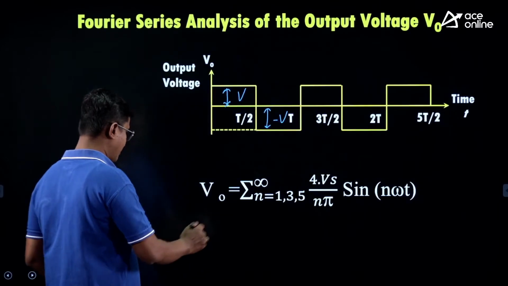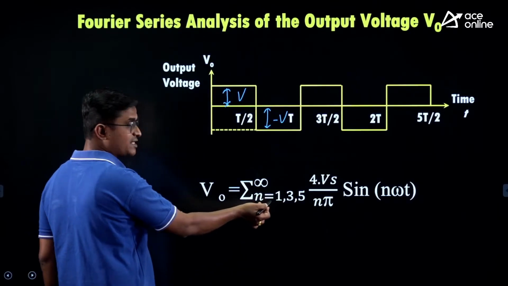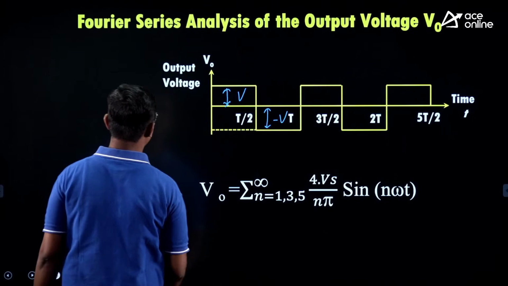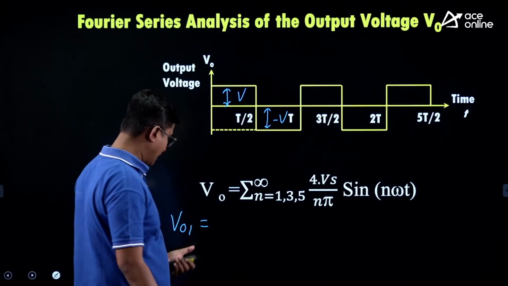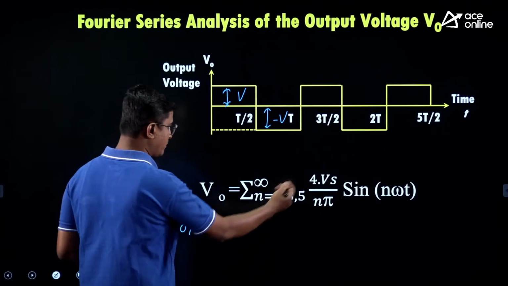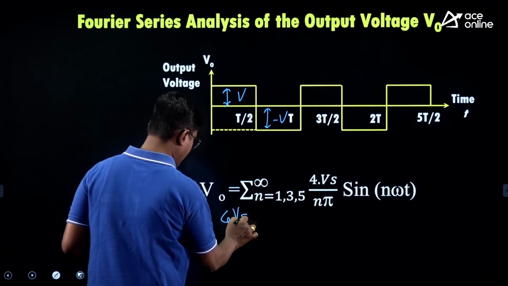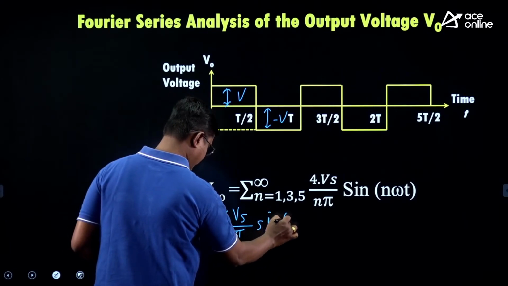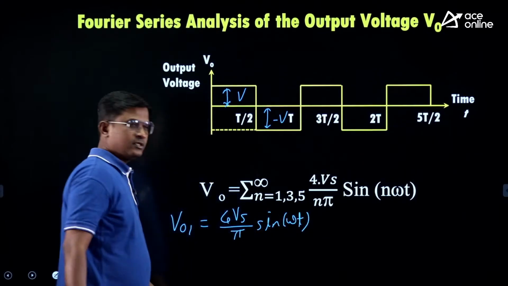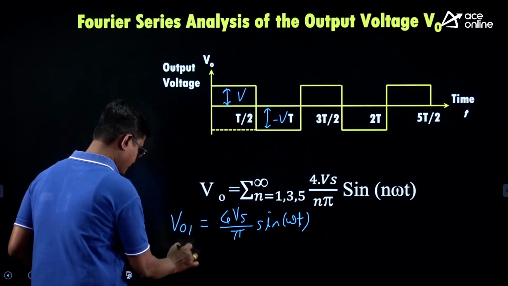Similarly, from this we can write which harmonics are present. Only odd harmonics are present. So V01, the output voltage at fundamental frequency, is equal to 4 Vs upon pi into sine of omega t. So what is the peak value?